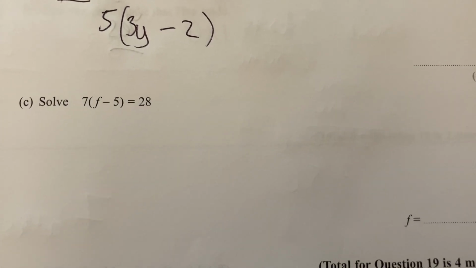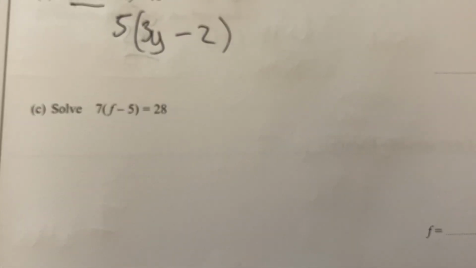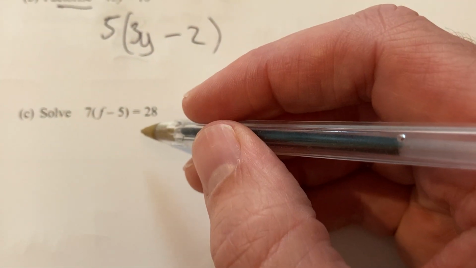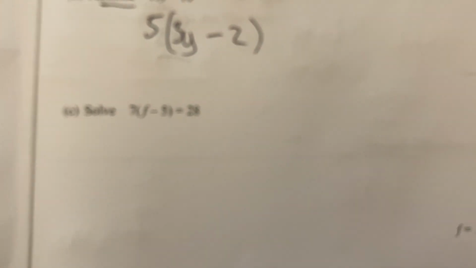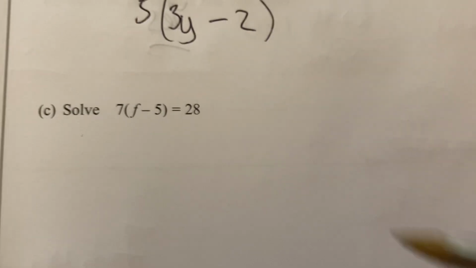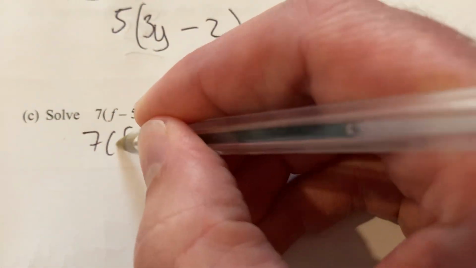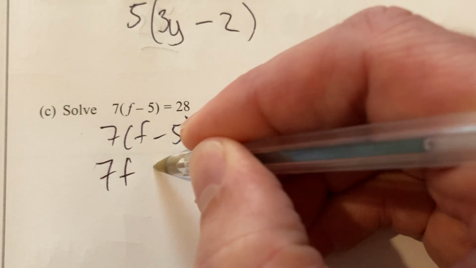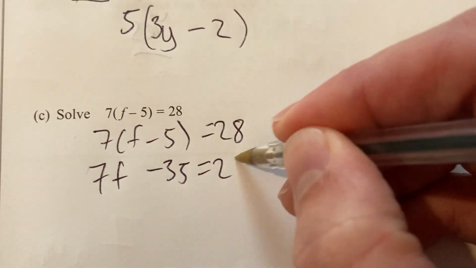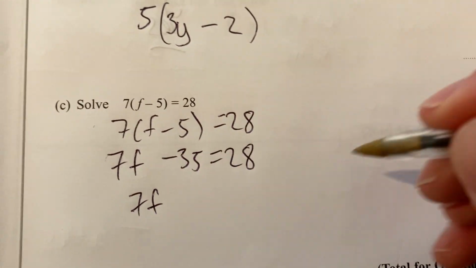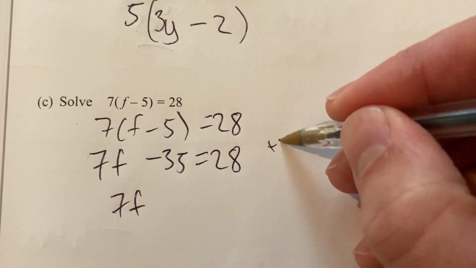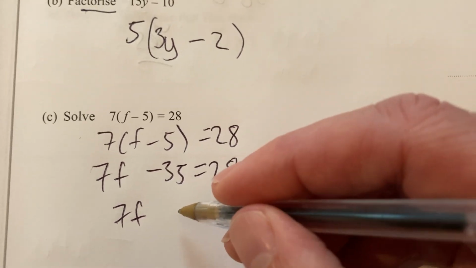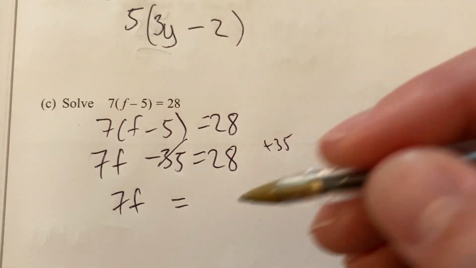Now solving, there's 2 ways to do this, and I'll show you both. One method is to expand, as we saw above. So we've got 7 times f minus 5 equal to 28. If I expand that, I've got 7f minus 35 equal to 28. So for 7f, I'm going to add 35 on both sides now, which will cancel there.